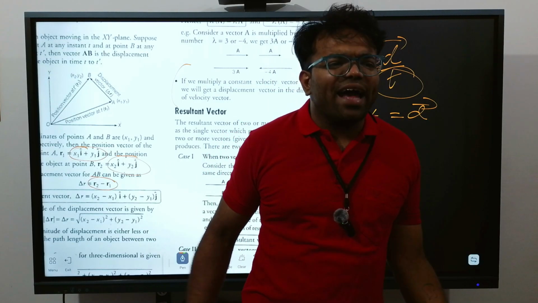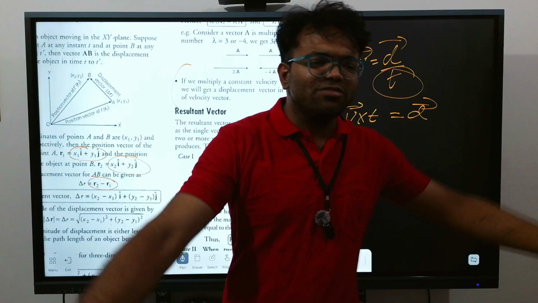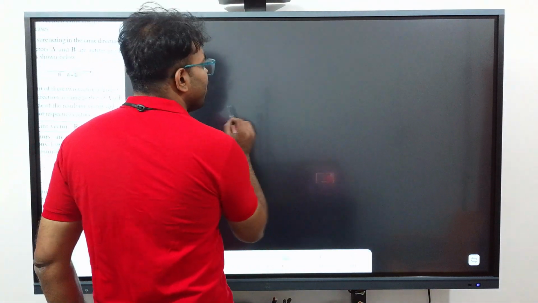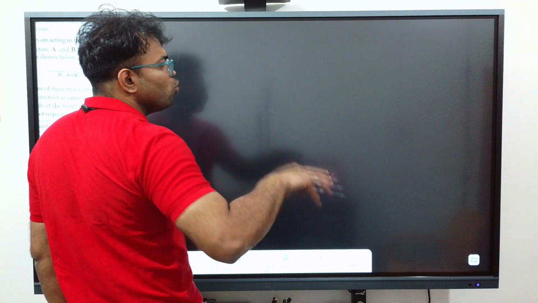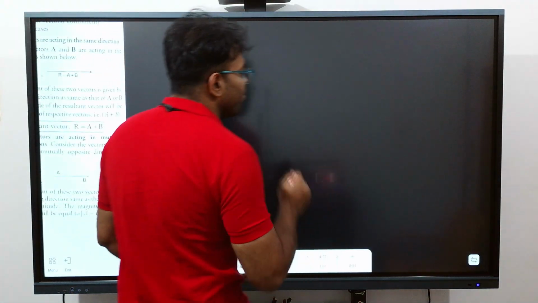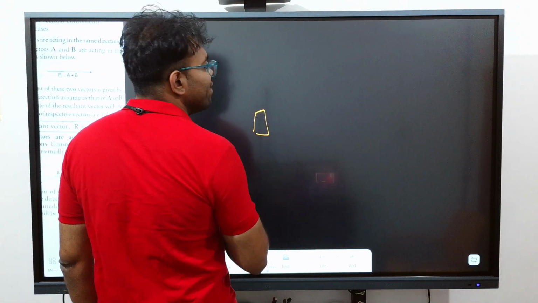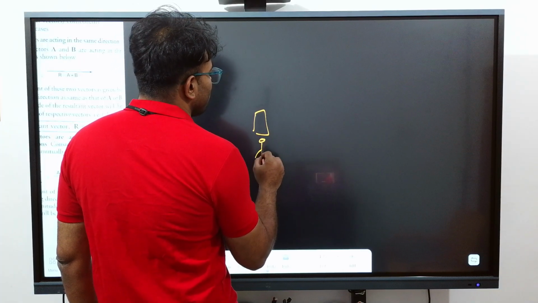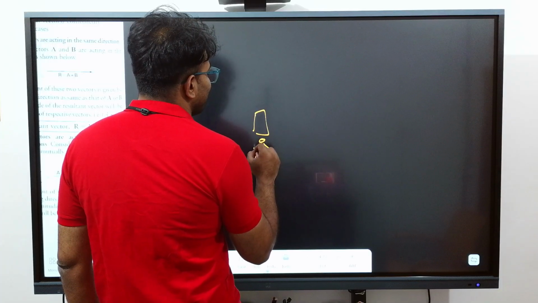The object has to move, right? For example Drupad, you are shopping in a mall, you have that trolley with you, and you are just pushing the trolley in this direction.